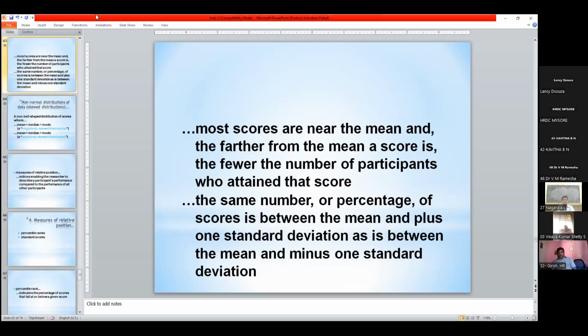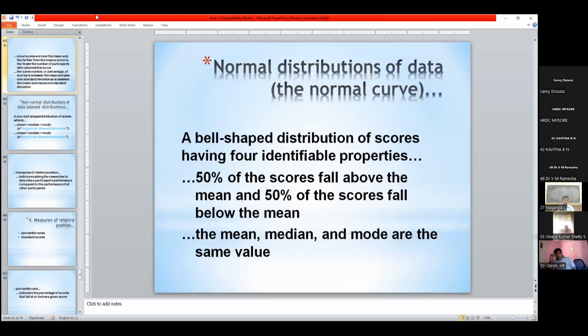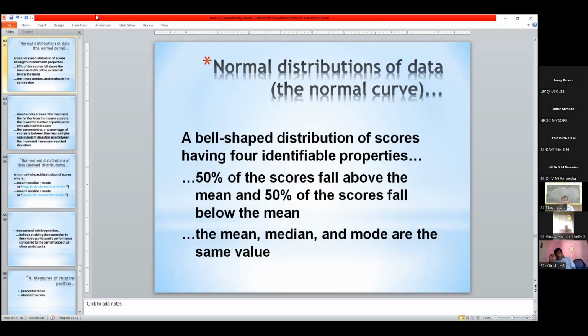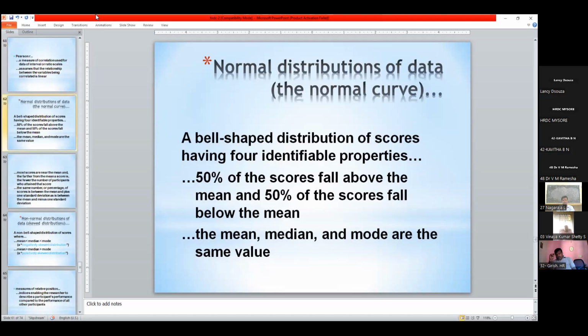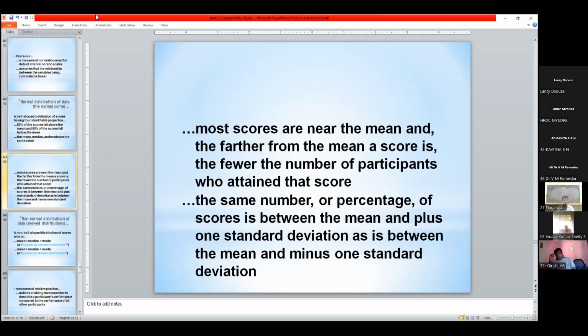Once you check the normality of the data, please make a point that you're going to check your data normality through two tests. One is called the Shapiro-Wilk test, S-H-A-P-I-R-O, Shapiro-Wilk test, and another one is the Kolmogorov-Smirnov test. I'll type that so it will be easier for you.